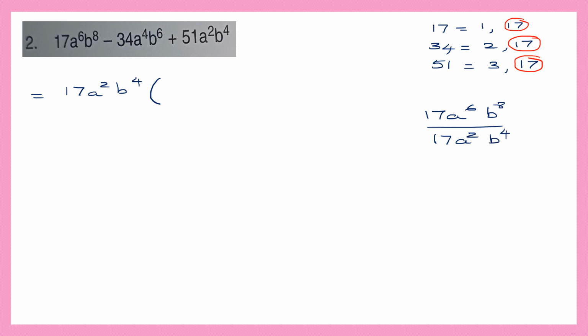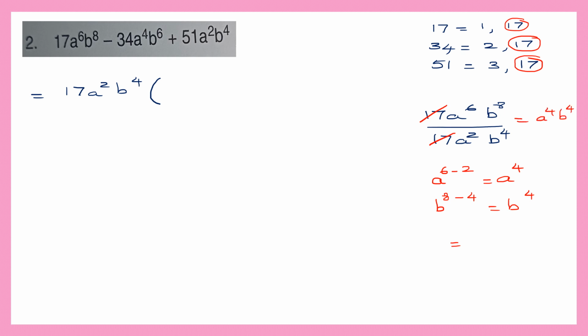Now 17 and 17 we can cancel. Now look at a. a to the power of 6 divided by a to the power of 2 is a to the power of 6 minus 2. That becomes a to the power of 4. Look at b. b is b to the power of 8 and down we have b to the power of 4, minus, we get b to the power of 4. So what do we have here? Here we have a to the power of 4 and b to the power of 4.